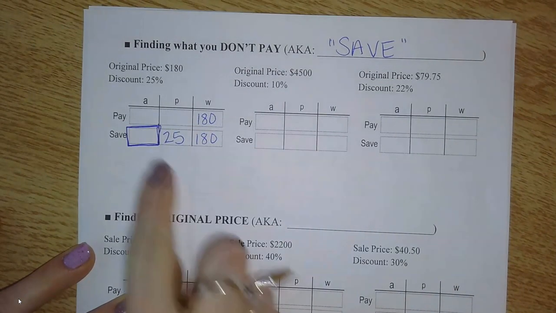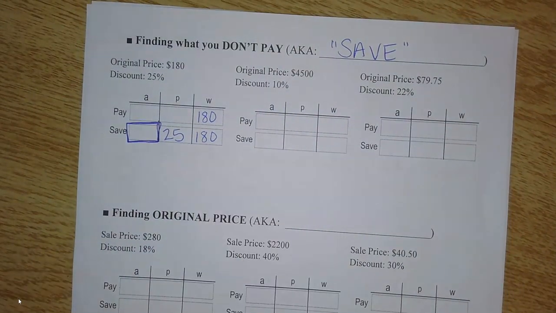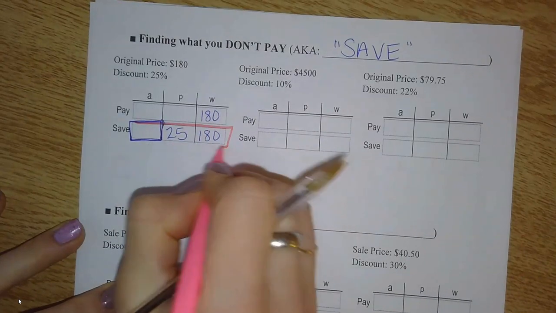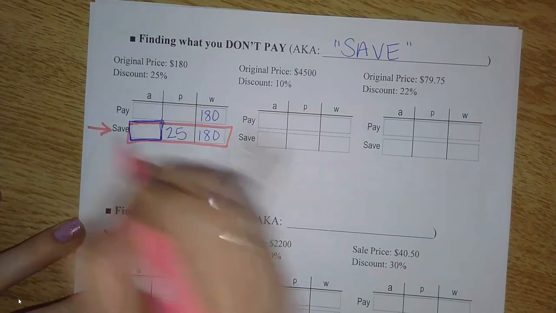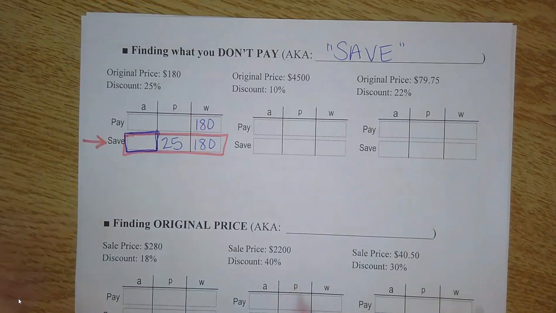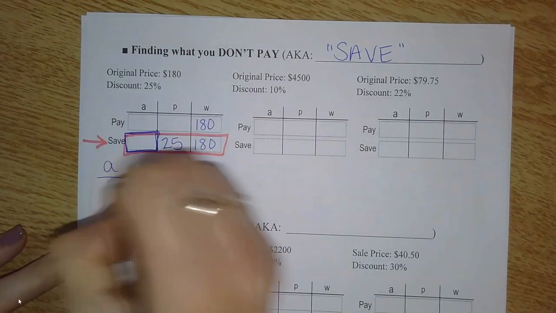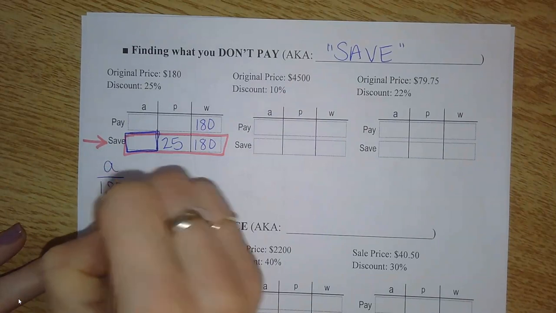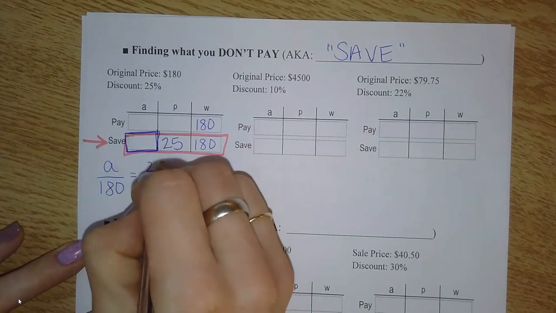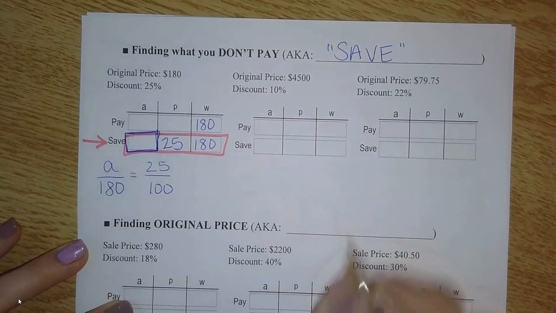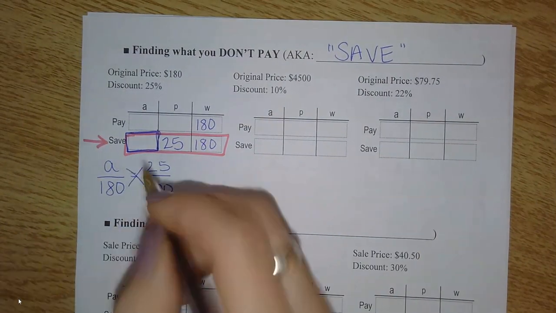Well, looking at it, it looks like I have enough to do this pink proportion, right? I'm going to use these numbers. So let's just set it up. I'm looking for A over W equals P over 100. Cross multiply.